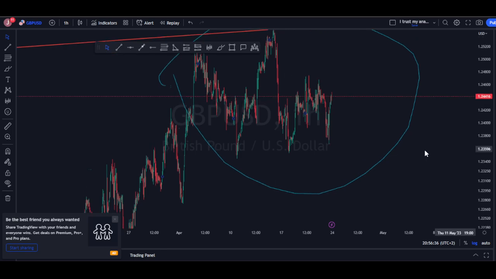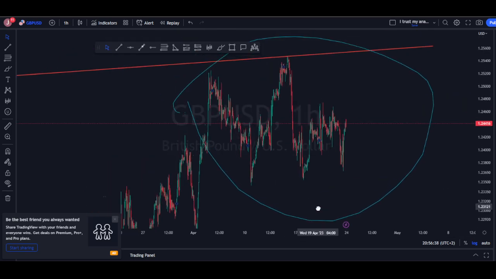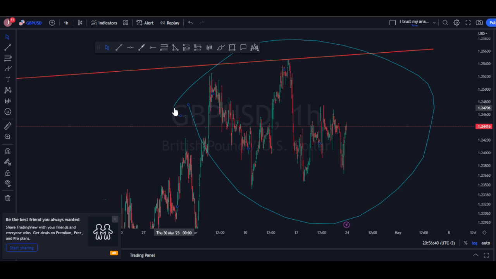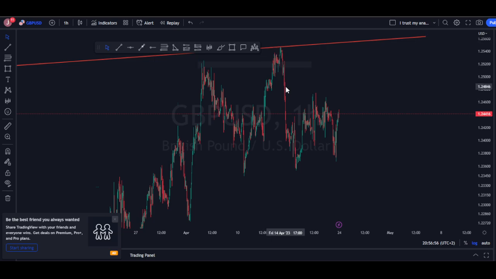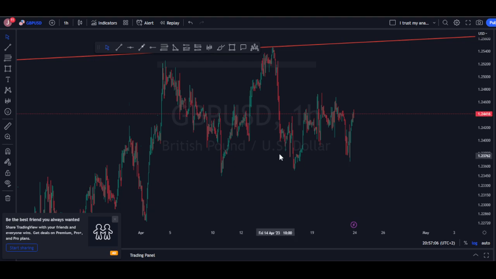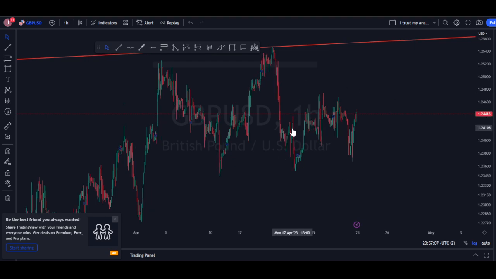All right, so now that we see this clearly, this could possibly be a double top as well. And price gave us a strong bearish move to the downside, and currently it's moving correctively.